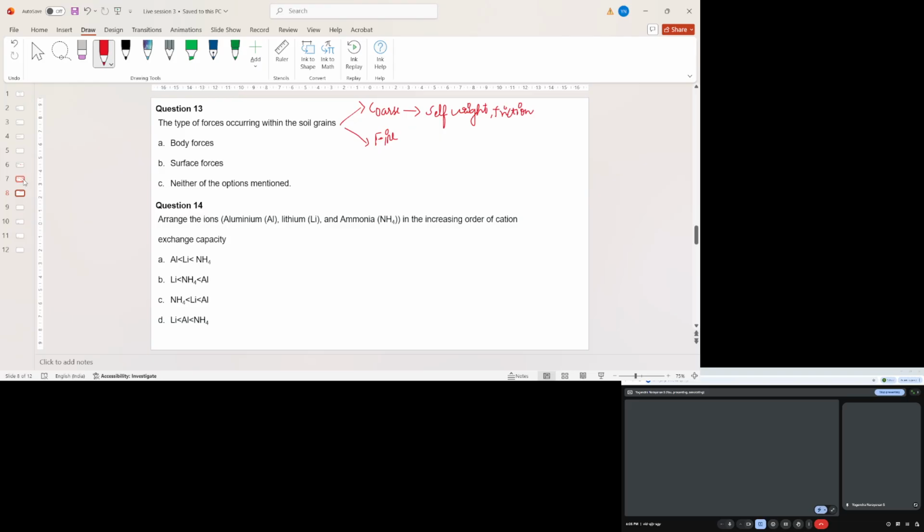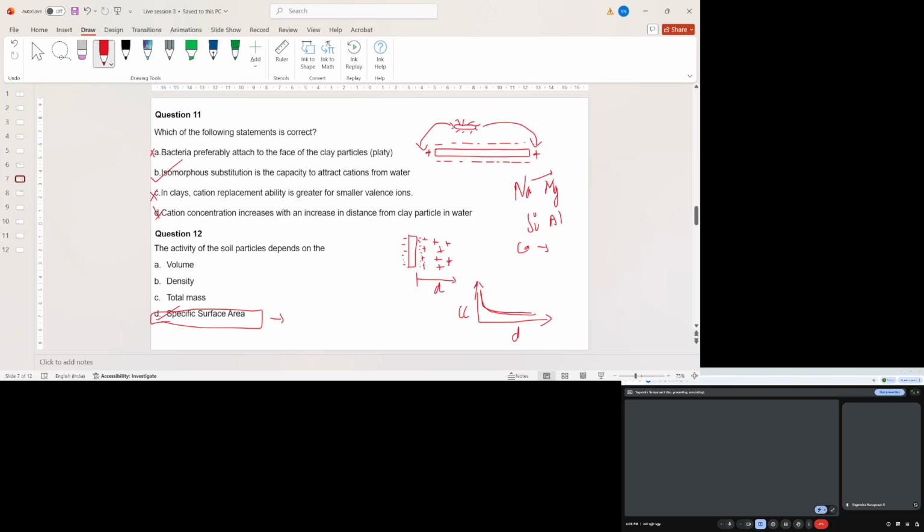All right. One more thing I forgot to mention is the interaction between the ion and the negatively charged surface in clay and the positively charged cations in the diffuse double layer. This purely follows Coulomb's law, right?